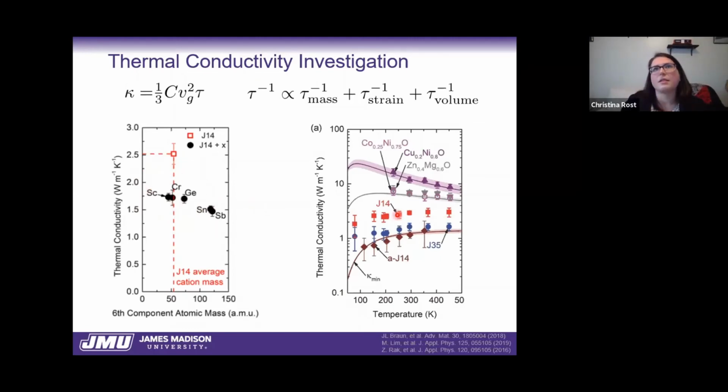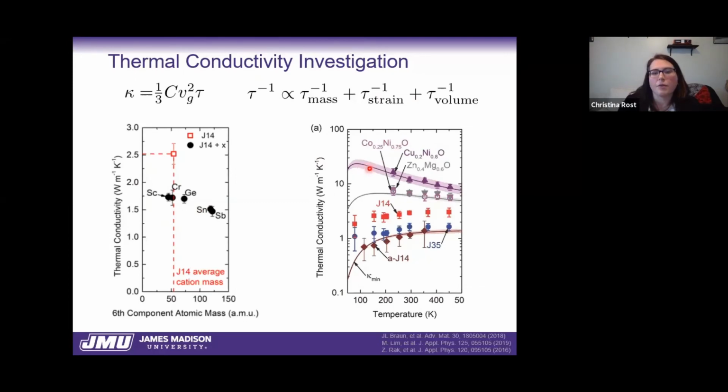And to do this, Jeff Braun, who was a grad student at the time, his specialty is absolutely thermal properties, used the virtual crystal analysis method. He built a model to try and tease out what possible effects could be having.